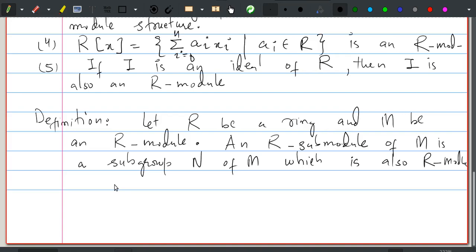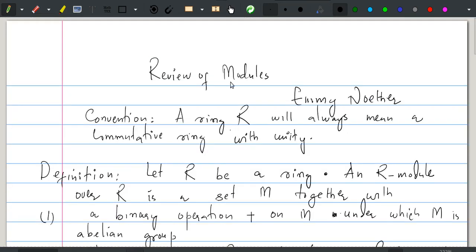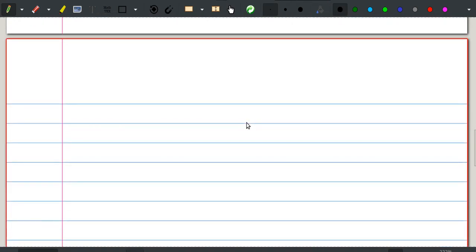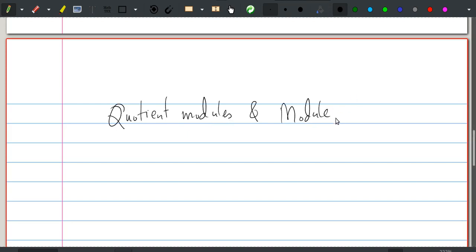Now let us define quotient modules and module homomorphisms.